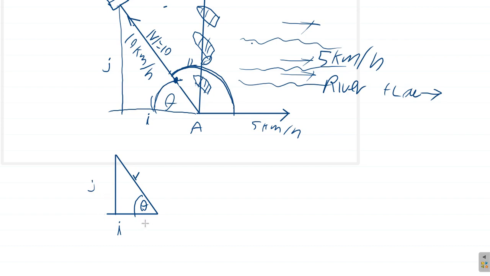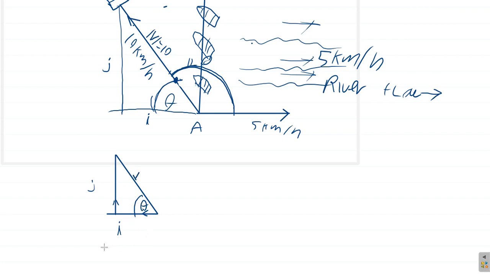Now i and j are what you call unit vectors. That means they are vectors 1 unit long, and you can have them point in the direction of another vector. So i would be 1 unit, j would be 1 unit, but i points in the horizontal and j in the vertical. Alright? Now cos theta is adjacent over hypotenuse.